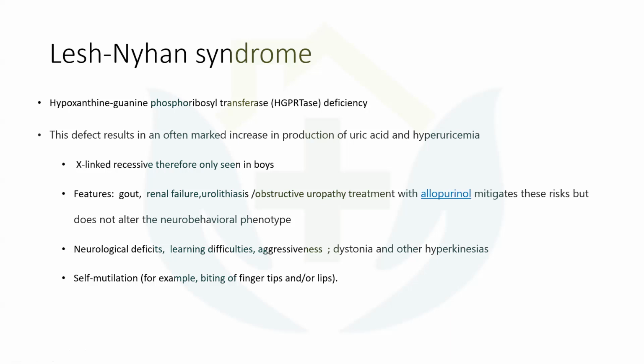In addition there are neurological problems like learning difficulty and movement disorders like hyperkinesia and dystonia in Lesch-Nyhan syndrome. So very young boys, because it is X-linked, with gout-like pictures, neurological disturbances and self-mutilation are the key points to identify this disorder.